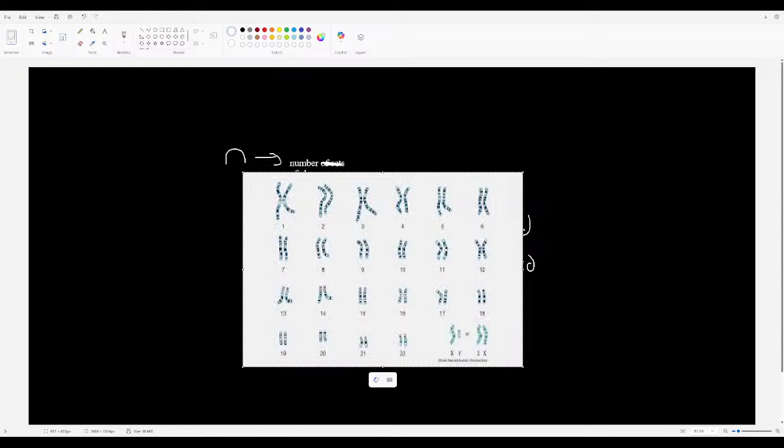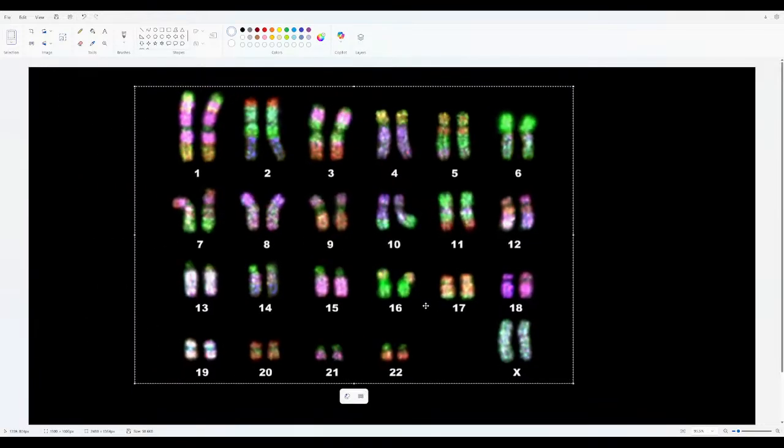That's on me, and let me see if this is any better. Okay, see, this is better. So this is a karyotype. A karyotype shows you the number of chromosomes and what kind of genes you have a little bit. You just slice open a cell and you pick out the chromosomes that you want to examine. And as you may notice here, we have 23 pairs. So 23 pairs gives us 46 chromosomes.